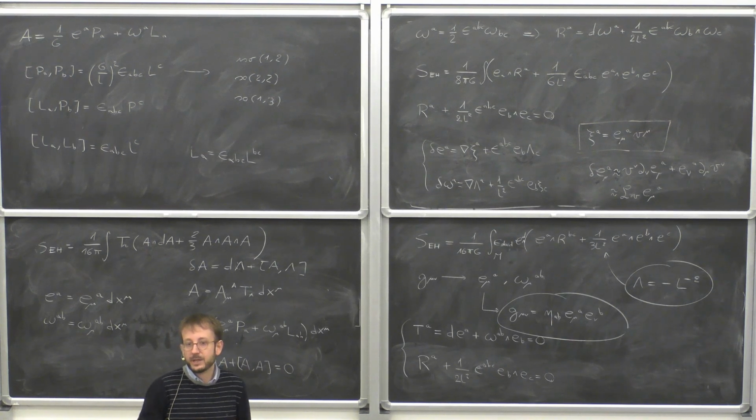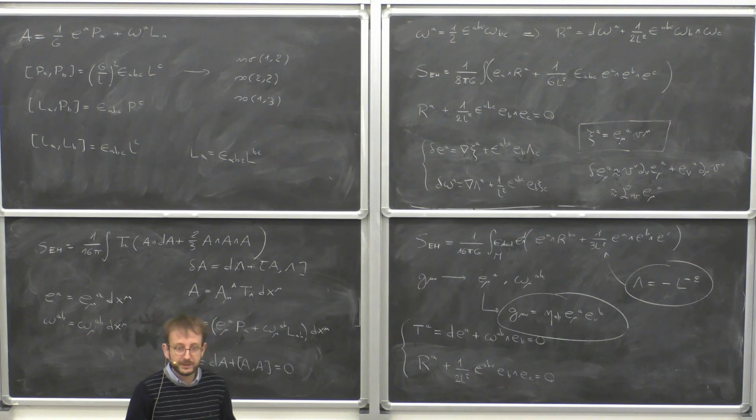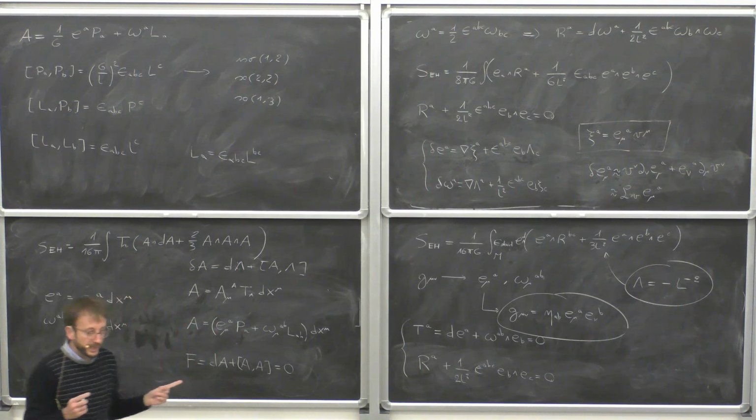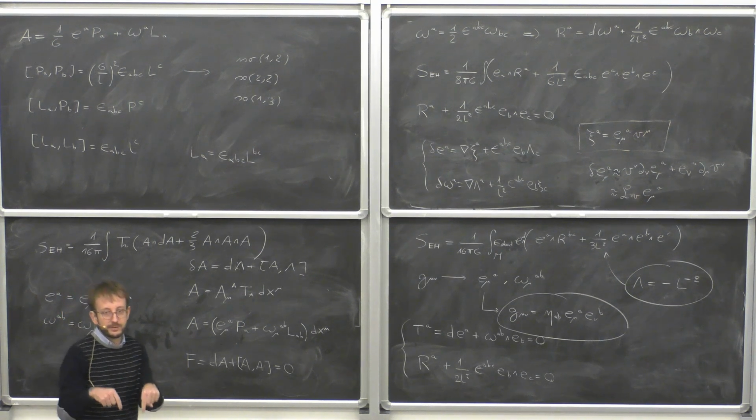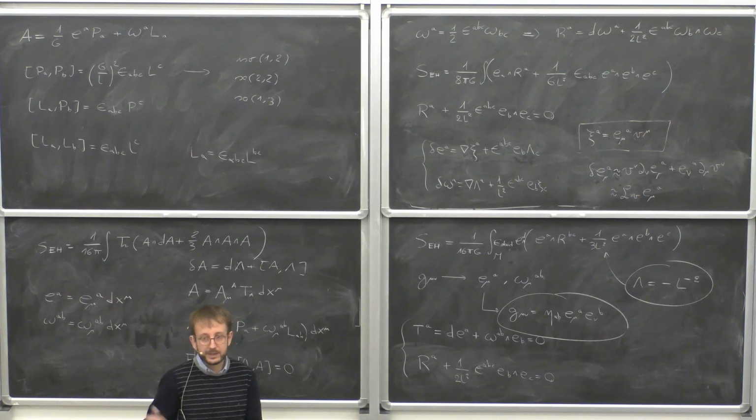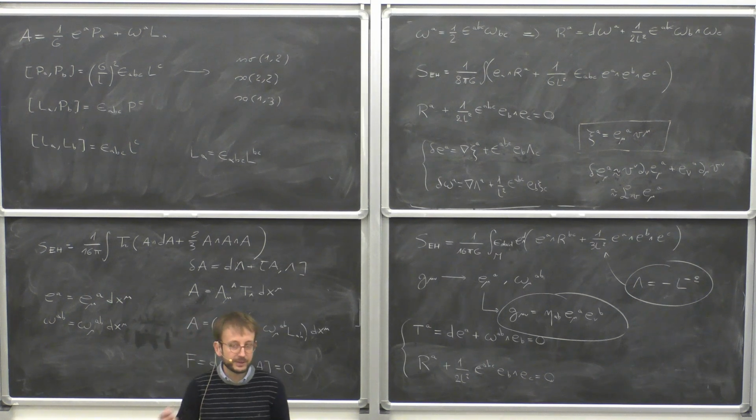So people said, well, if you don't include them, you cannot quantize. It's true that there are thousands of papers on the topic. But what I'll try to do here is to be as conservative as possible. For instance, some of the things that I will do for asymptotic symmetries are much easier if you go to a gauge in which the fieldbein is degenerate.